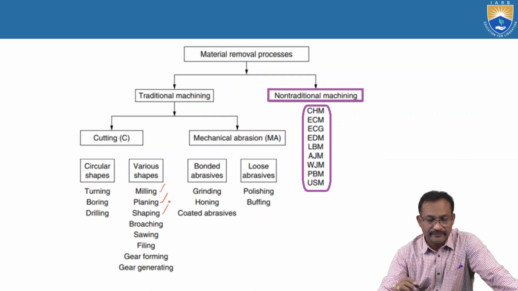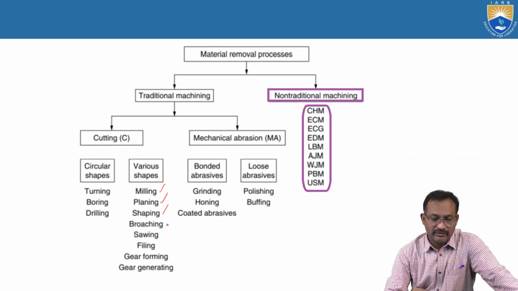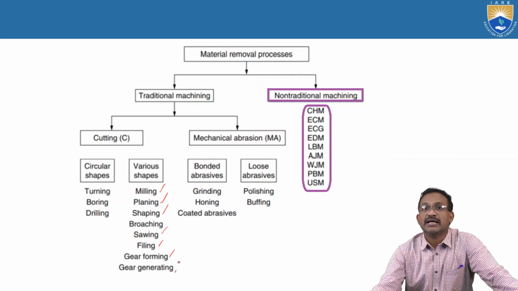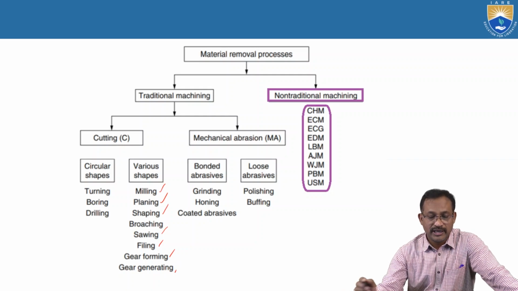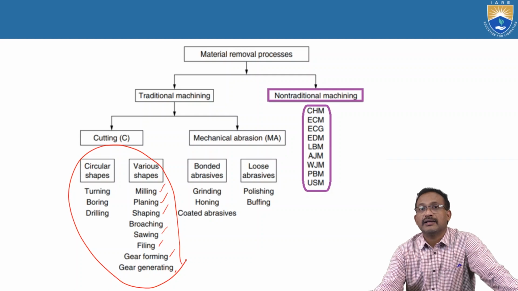In shaping, the vise will be moved so that the entire workpiece will be moved. So these are the other various shapes formed by different cutting processes. So here these two, circular shapes and various shapes, are under the action of cutting.